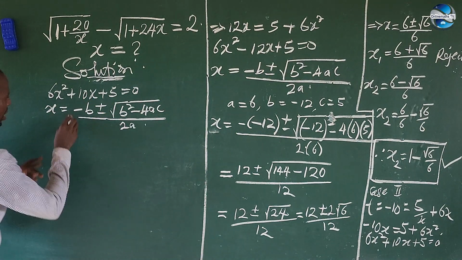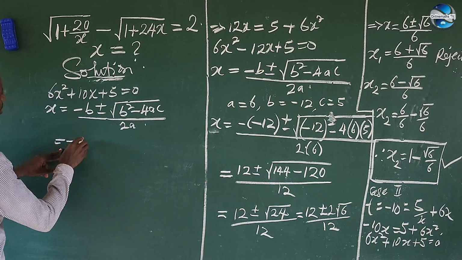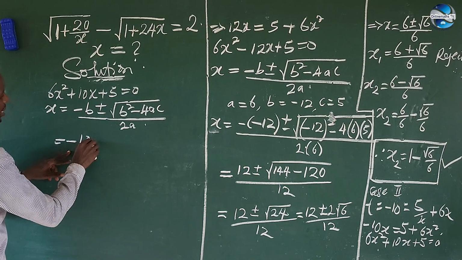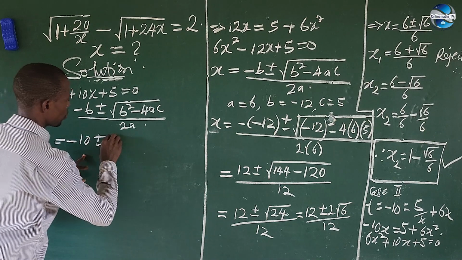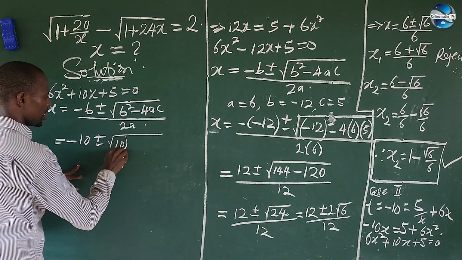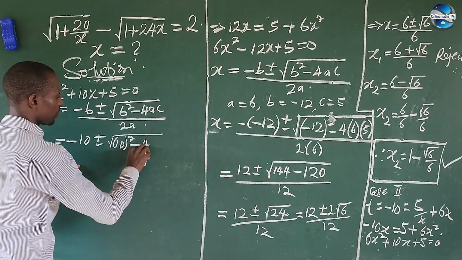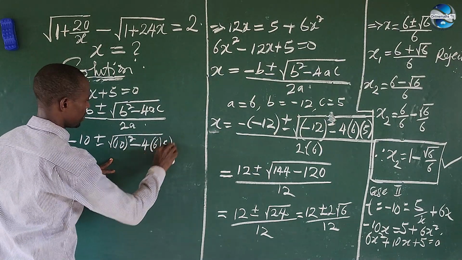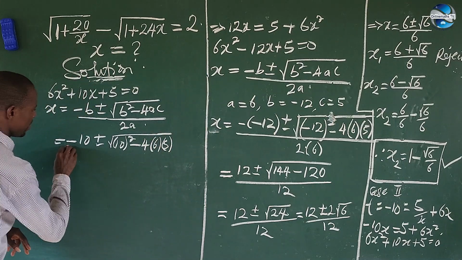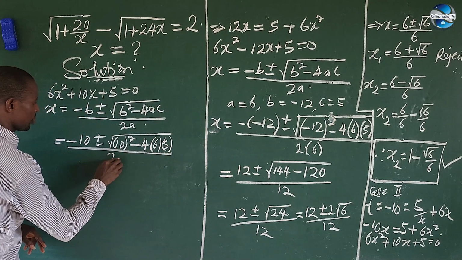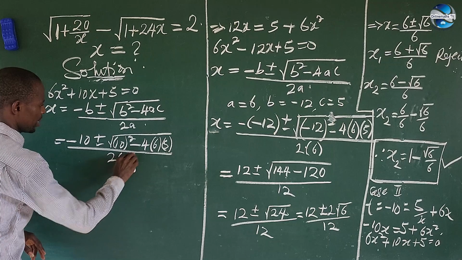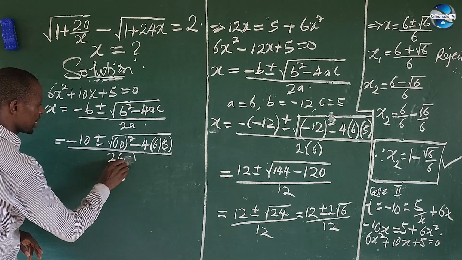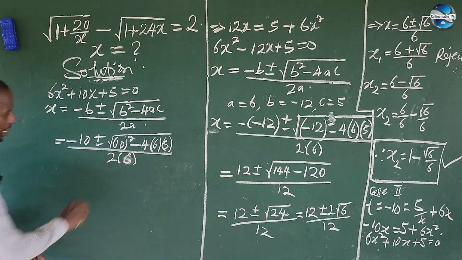So we have minus 10 plus or minus the square root of 10 squared minus 4 into 6 into 5, all over 2 into 6.